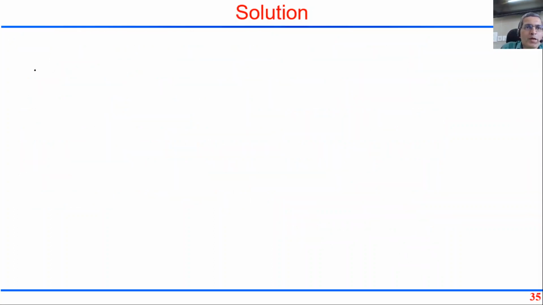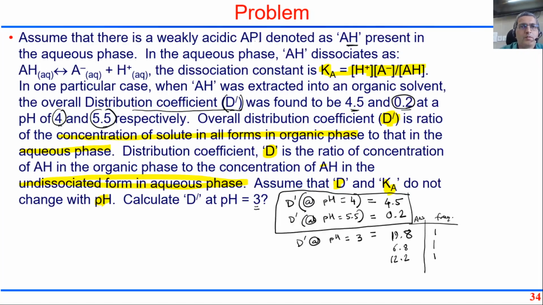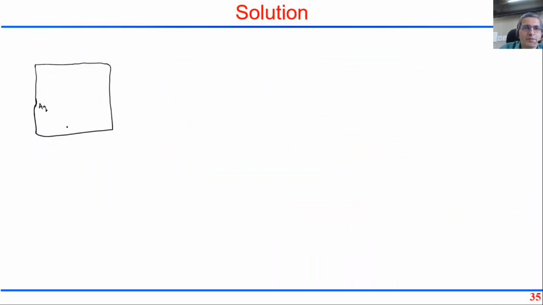Okay, what do we have? Suppose this is our aqueous phase. What are we told? We have a weak acid, AH, present in the aqueous phase.